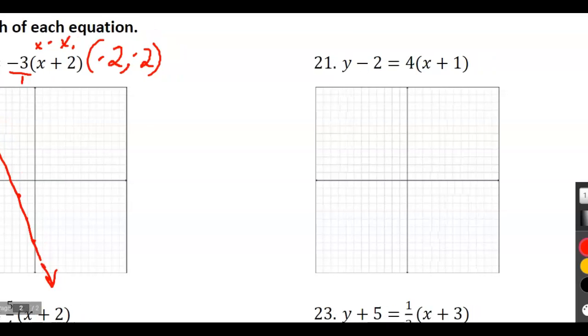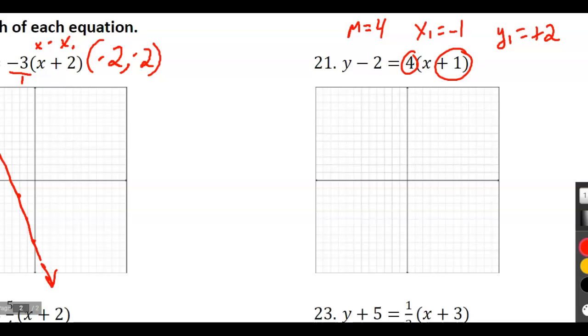So here, last one I'll do, m equals 4. My x1 equals -1, and my y1 equals +2. Because remember, if my point were -1, 2, that would be y minus 2 equals my slope, x, and then minus the -1 would become that +1, and that checks up here.